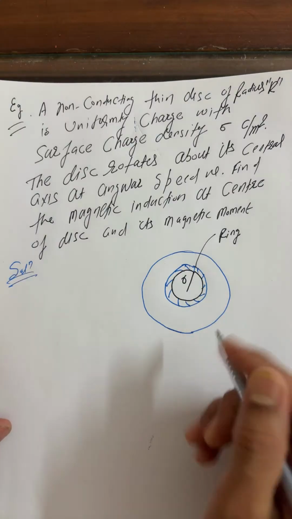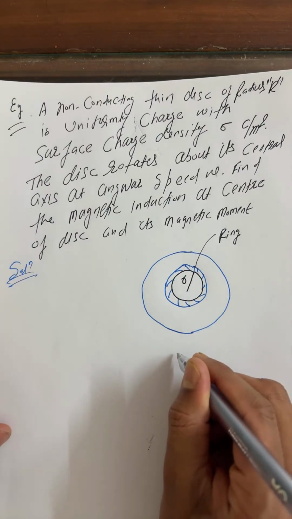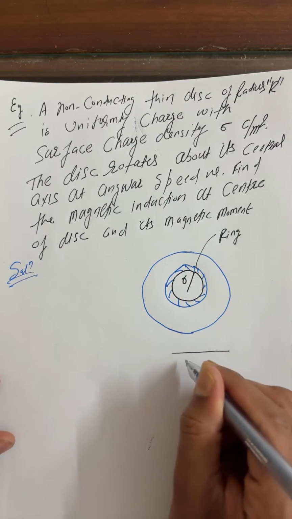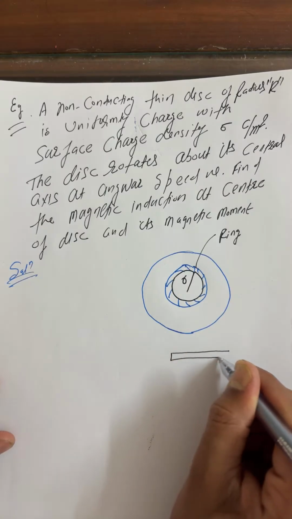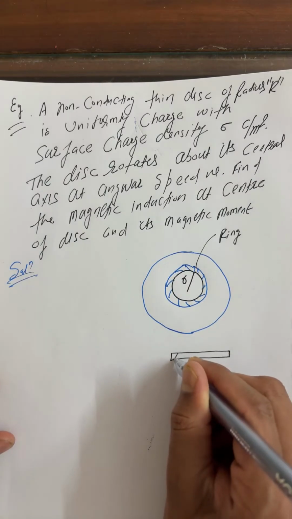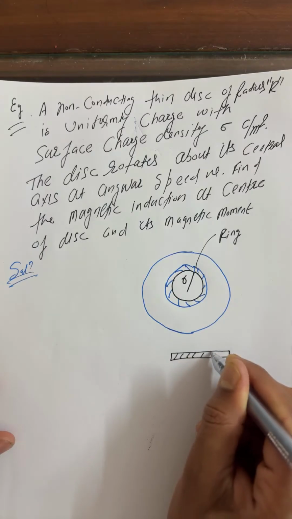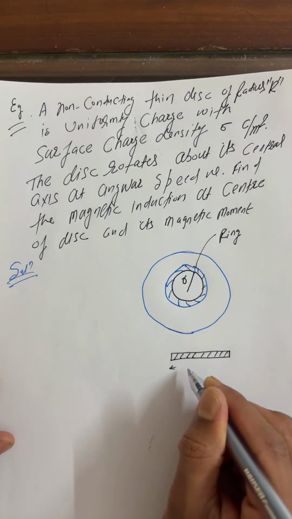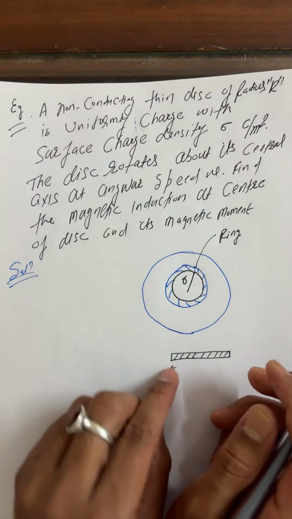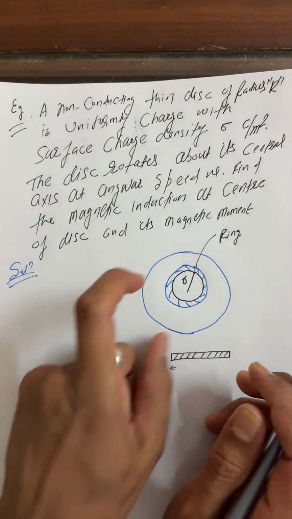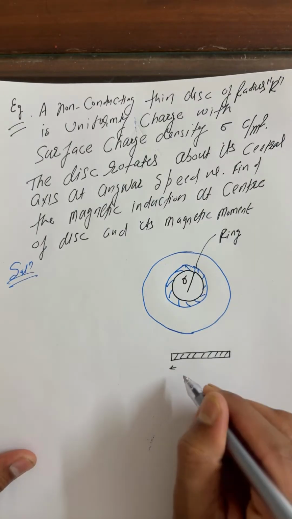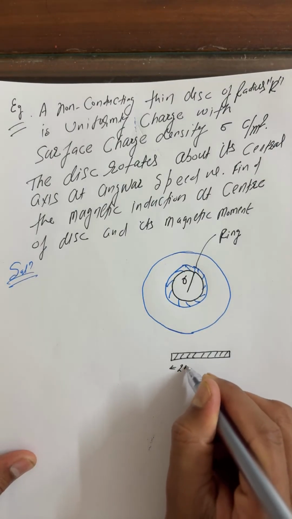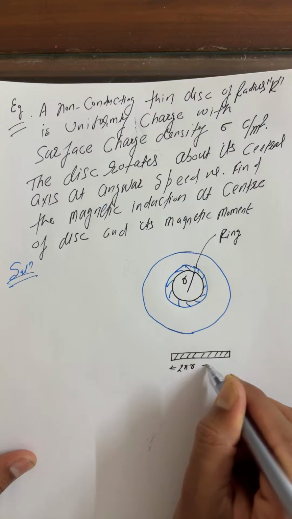So this is a ring. If you apply force, this ring acts as a rectangle. So what is the periphery of the ring? The length of this rectangle is equal to the periphery of the ring, which is nothing but 2 pi r.